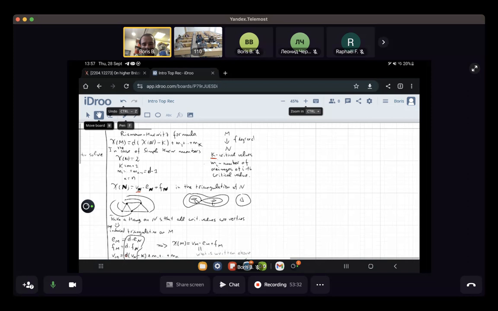Это действительно сумма по L от единицы до m и t, и сумма по и от единицы до k, μ L и t минус 1.